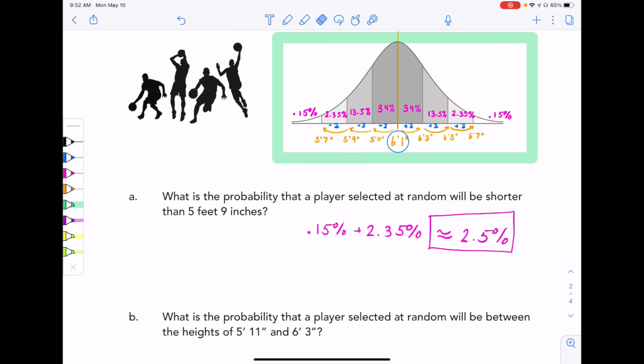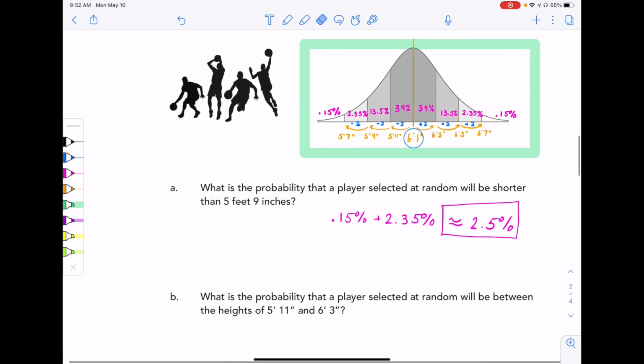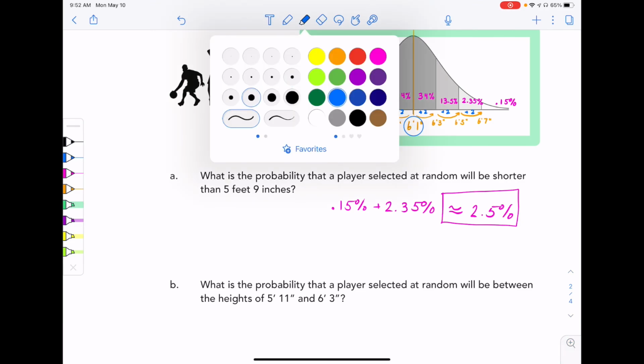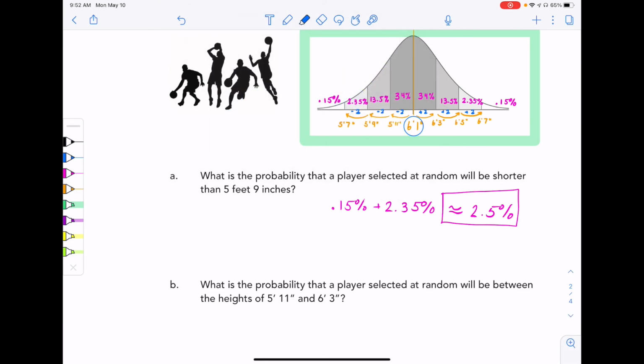You're going to do something similar for all of these. For example, part B says, what is the probability that a player selected at random will be between 5'11" and 6'3"? So 5'11" is going to be here, and we want everything up to 6'3".